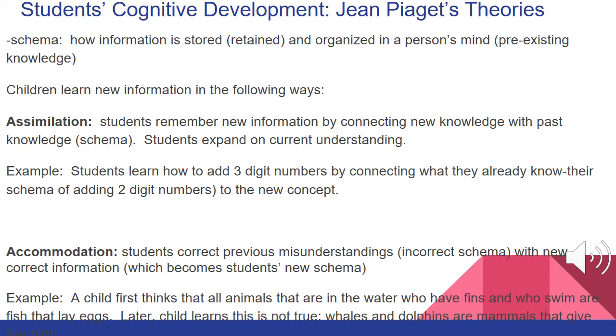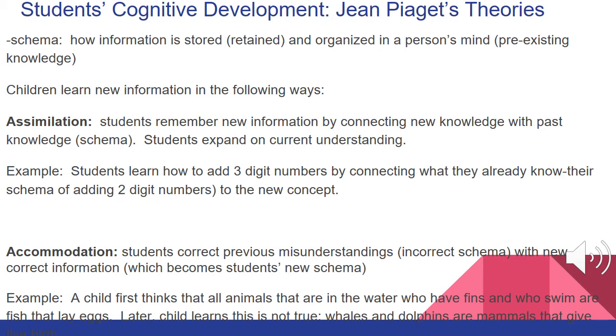So if you were teaching adding three-digit numbers in third grade, then your students are building upon their prior knowledge because they can transfer or bring in a lot of information that they learned from adding two-digit numbers to adding three-digit numbers. And so they're expanding or assimilating and building upon their pre-existing schema of two-digit number addition.